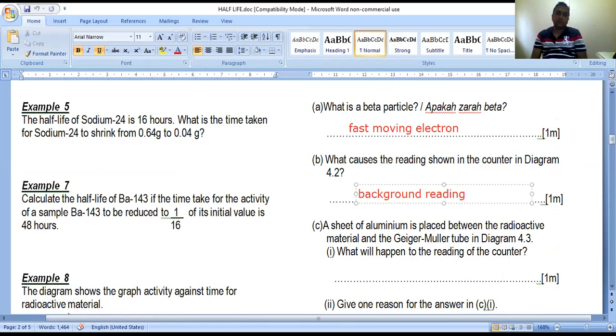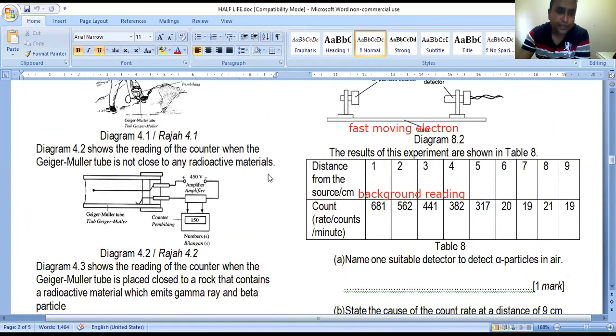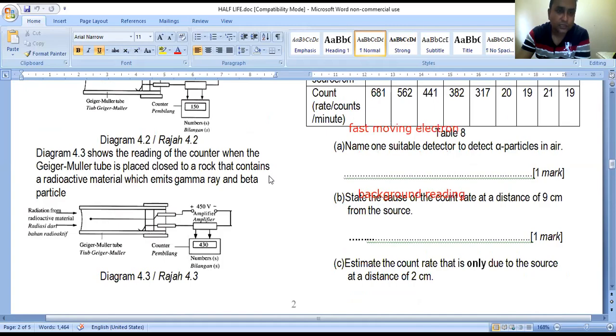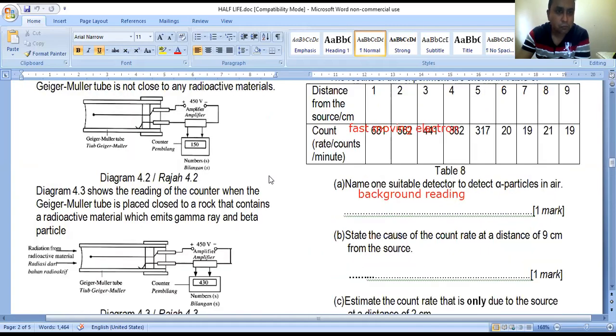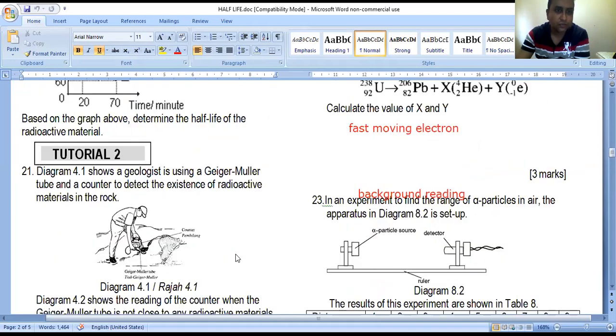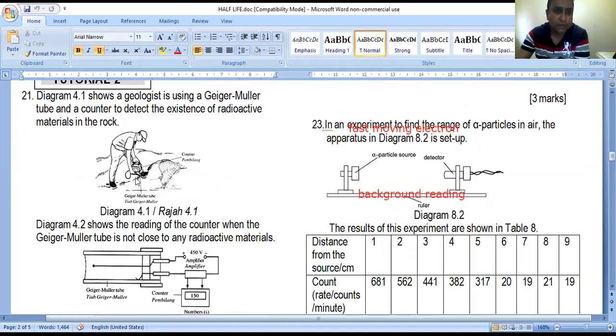Now, a sheet of aluminium is placed between the radioactive material and the Geiger-Müller tube in diagram 4.3. What happened to the reading of the counter? This one emits gamma and beta. If you put aluminium, only the gamma can enter, the beta cannot.